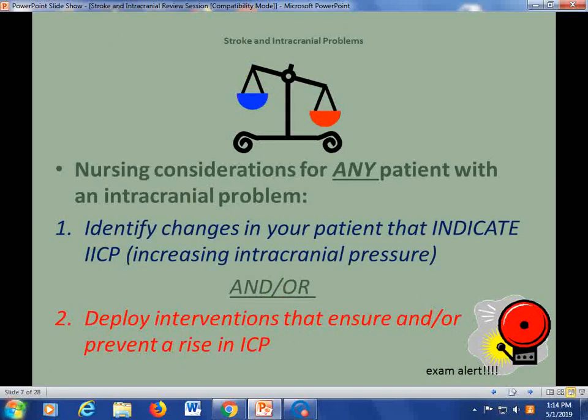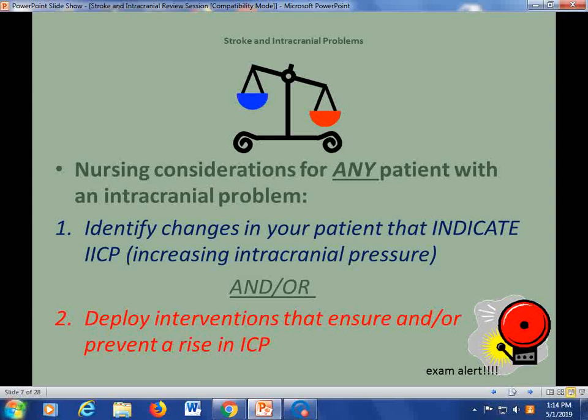Therefore, for your nursing considerations for any patient with an intracranial problem, and this is going to relate to exam 1 and exam 3, you are going to have to determine what is happening. Is the intracranial pressure going up because of the patient's intracranial problem? Or how do I fix the intracranial pressure?